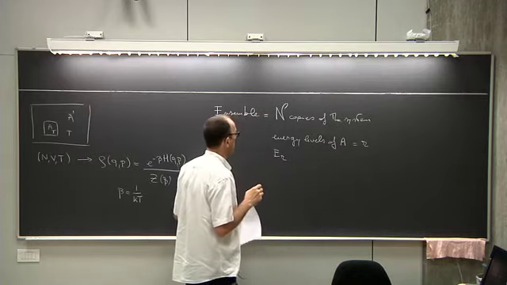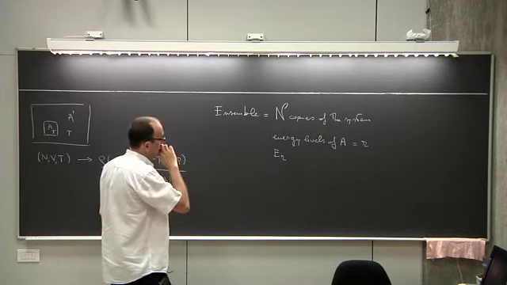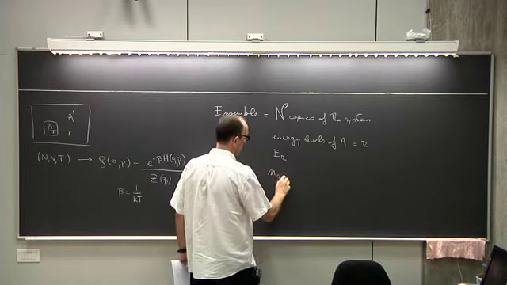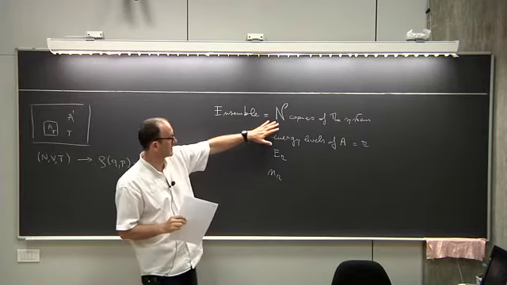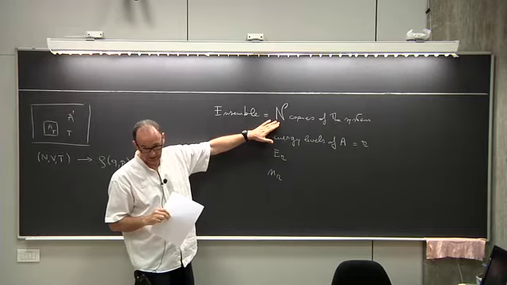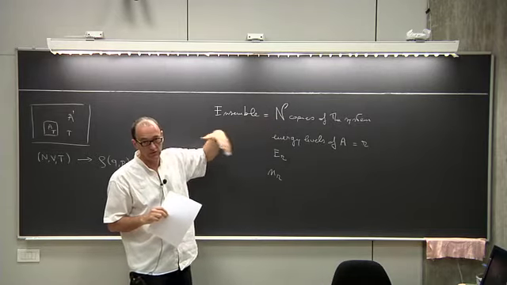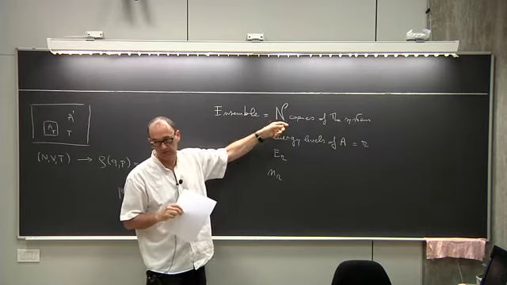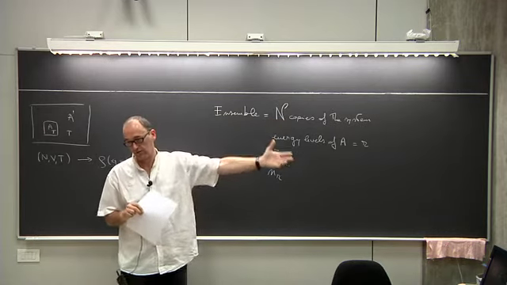Now, in our ensemble we have N copies of the system, and we are going to consider the limit where this number is very, very large, goes to infinity.